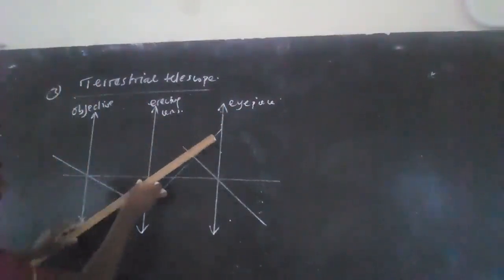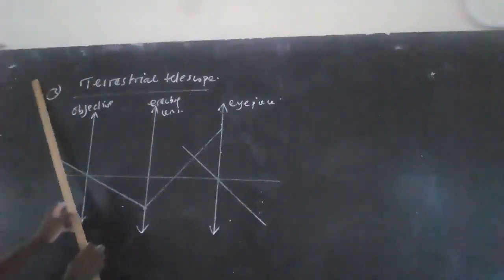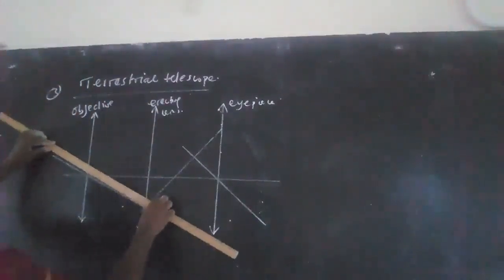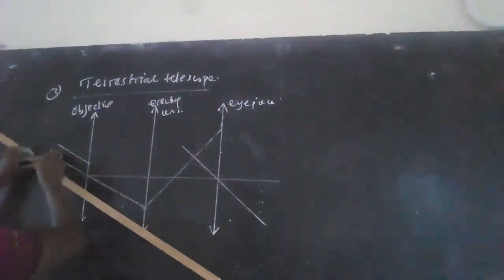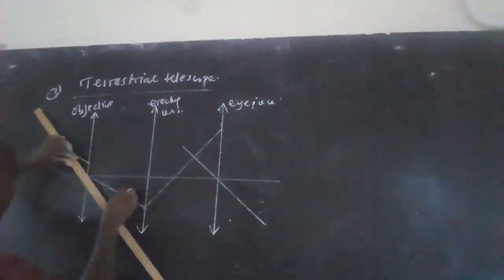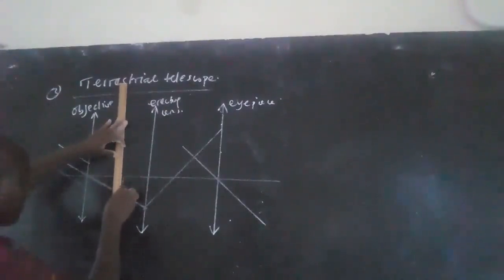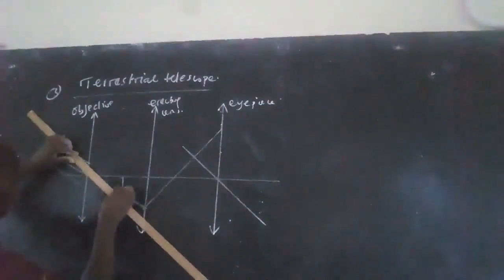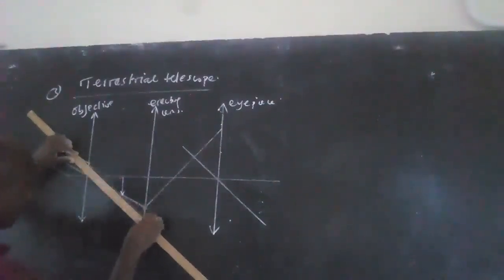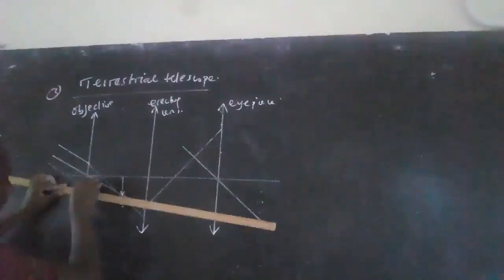Let's say they are converging here. So they converge from here, like this.